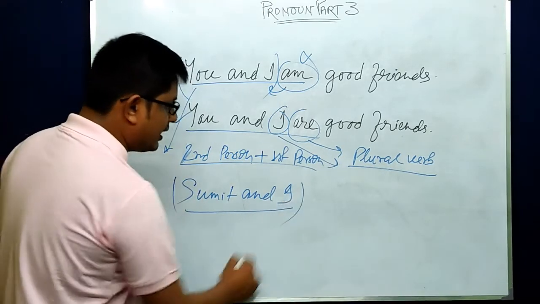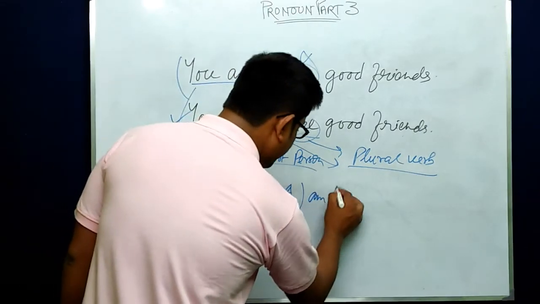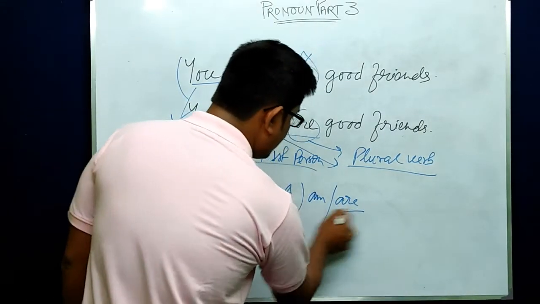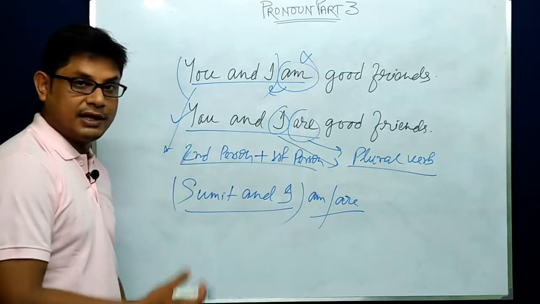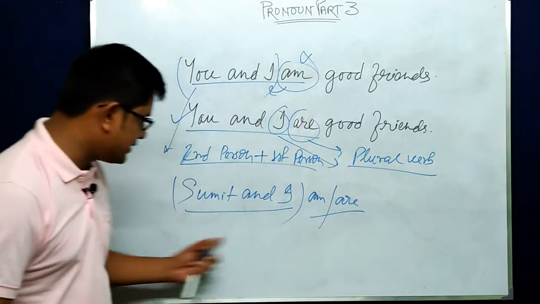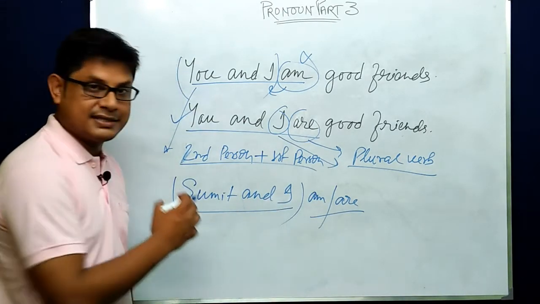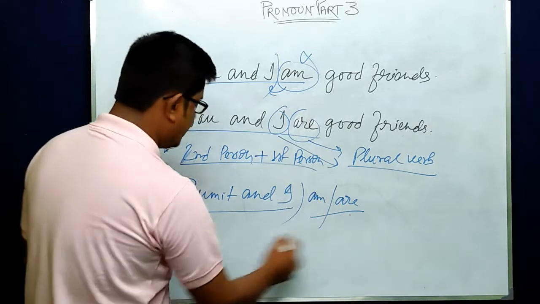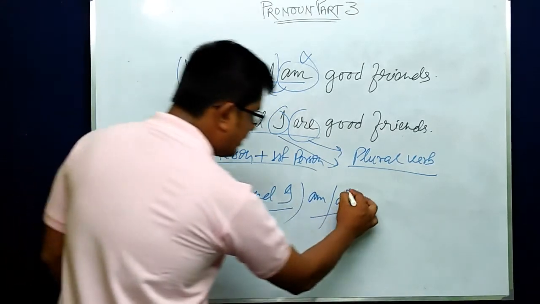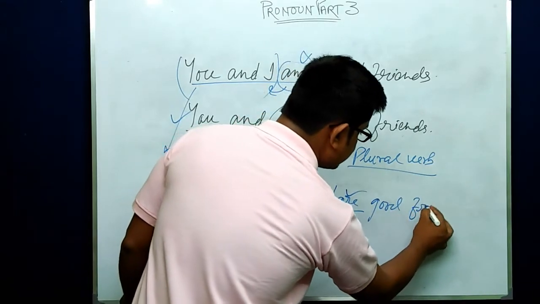And in this way, how to use be verb after I? Should I use am or are? Which be verb should be used after I? Usually we use am after I, but in this kind of sentence, as we have more than one single person as a subject, you have to use are. So Sumit and I are, again, if you write, good friends.